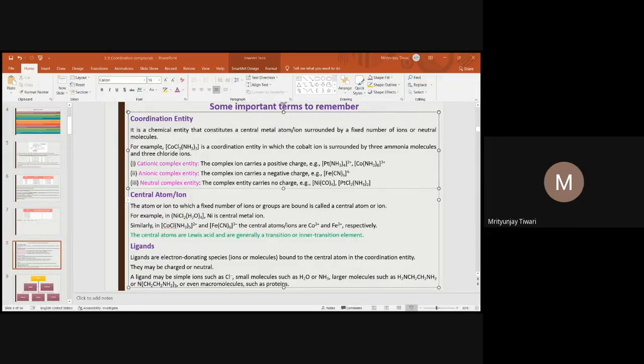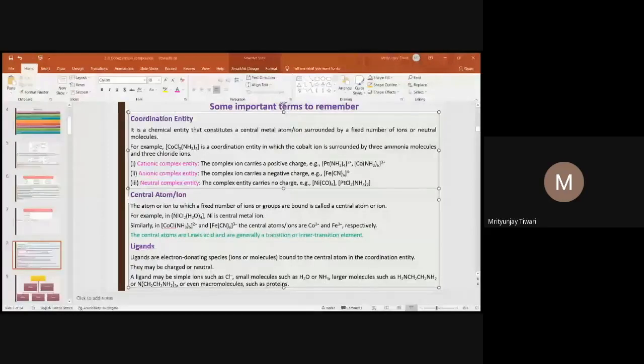Let us now look into the chelating ligand. I explained the definition a few minutes ago, so let us see it in detail. When a di- or polydentate ligand, where di means two donor atoms and polydentate means more than two donor atoms in the ligand, uses its two or more donor atoms simultaneously to bind to a single metal ion, it is called chelation.